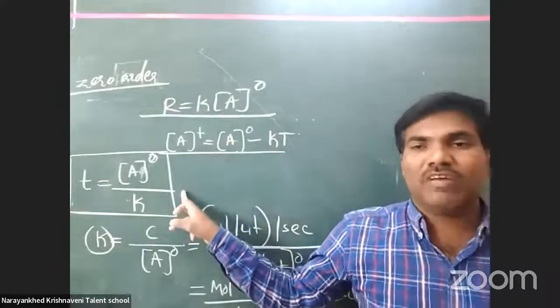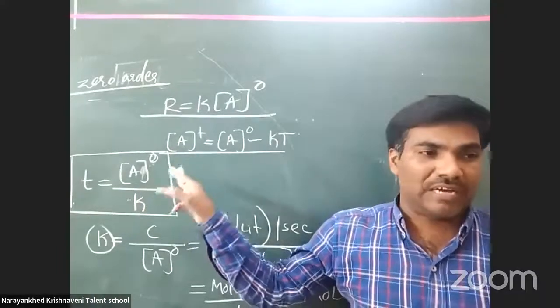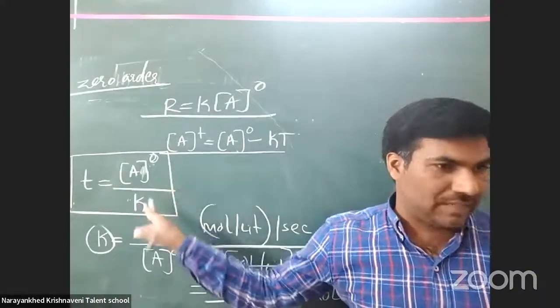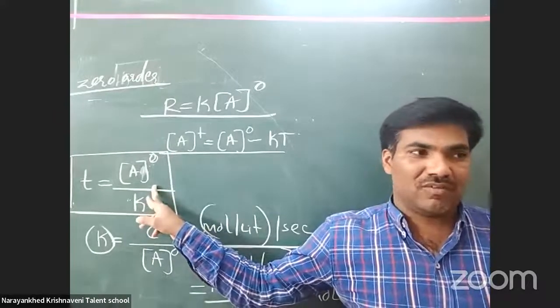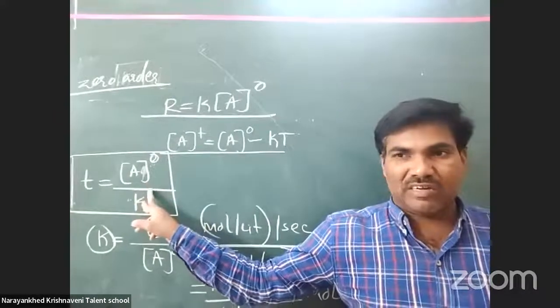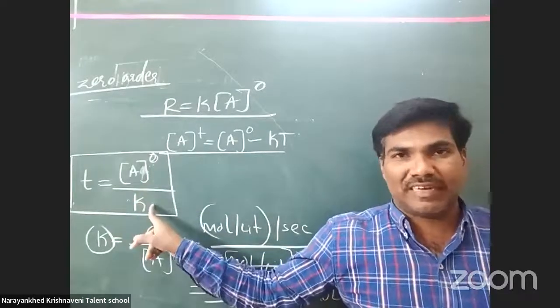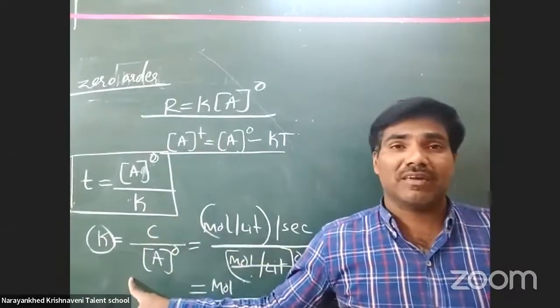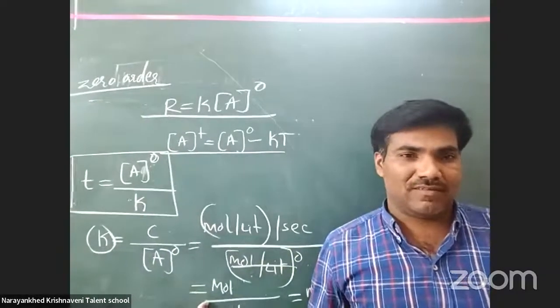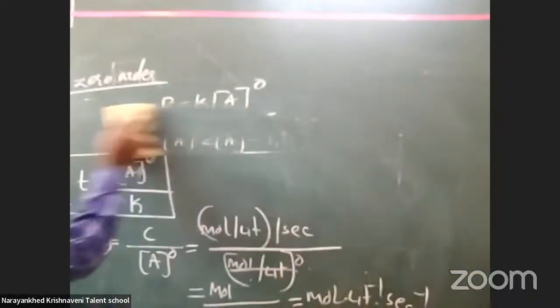And the completion time of a zeroth order reaction depends on the rate constant and the initial concentration. The initial concentration is taken as A to the power of 0, and the rate constant is K. The K rate constant units are written in the zeroth order like this. Got it or not? Please note down point by point here for a zeroth order.